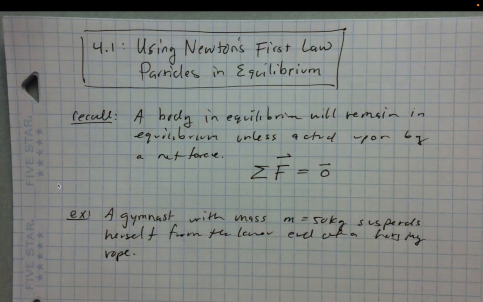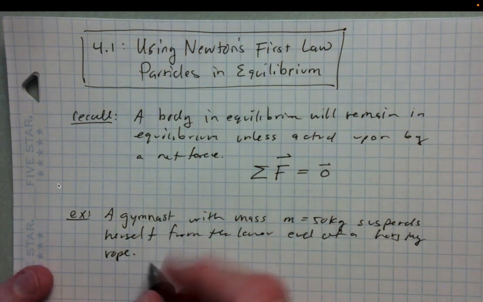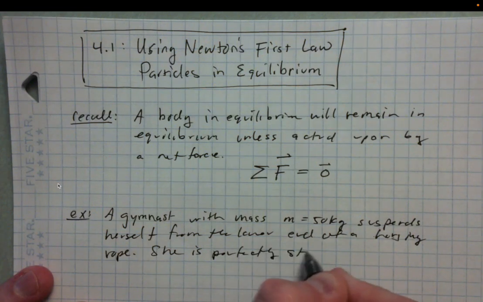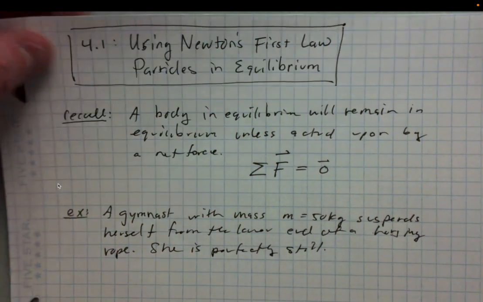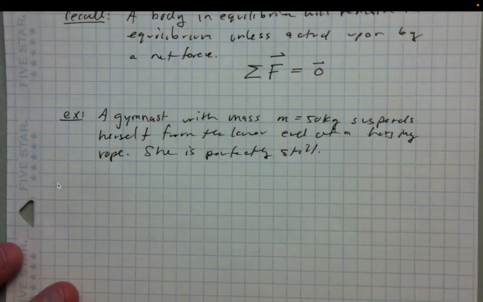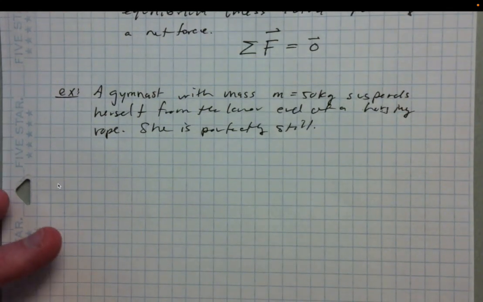Okay? And she is perfectly still. Right, meaning she's not swinging, not moving up or down in any way. She's perfectly still at the bottom of this hanging rope.